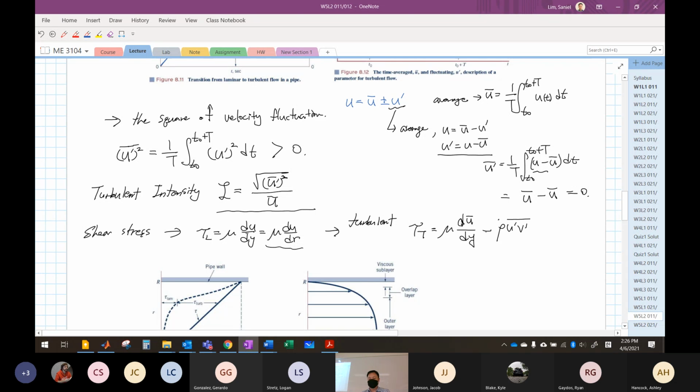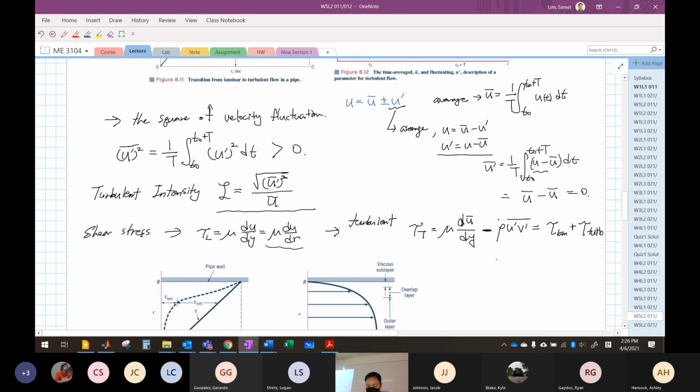Average of the fluctuation. So you have a negative rho U prime V prime. This one gives you the shear stress by the turbulent effect. So simply you can just divide these two components for the shear stress, then say this is laminar shear stress plus turbulent shear stress.